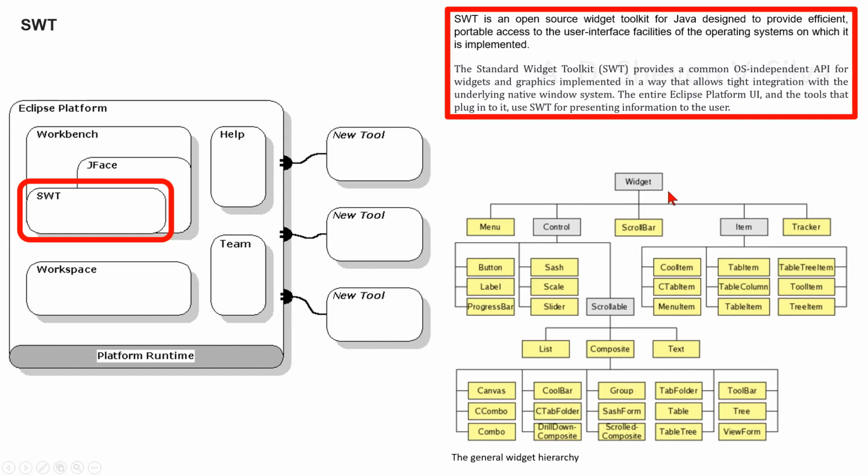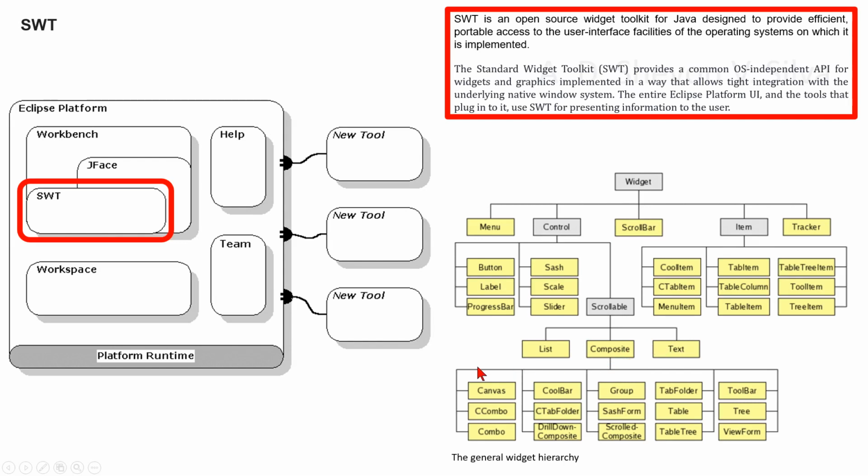Here widget interacts with menu, control, scroll bar, item, and tracker. Control interacts with button, label, progress bar, sash, scale, slider, and scrollable. Scrollable interacts with list, composite, and text.